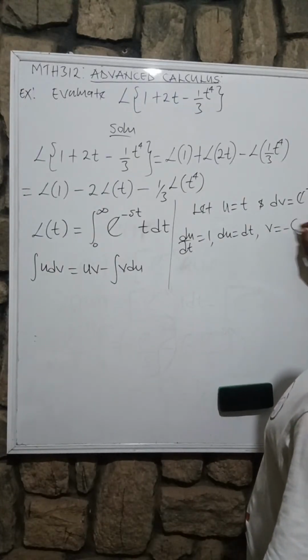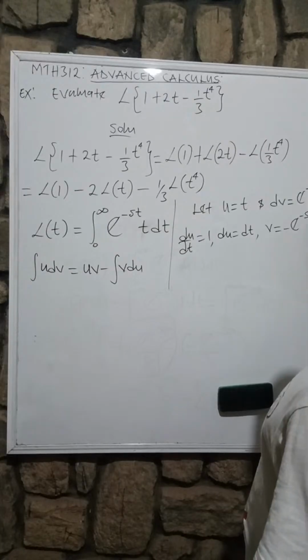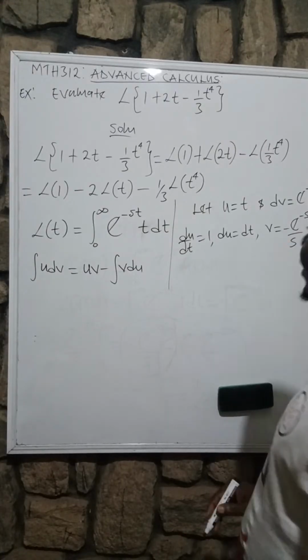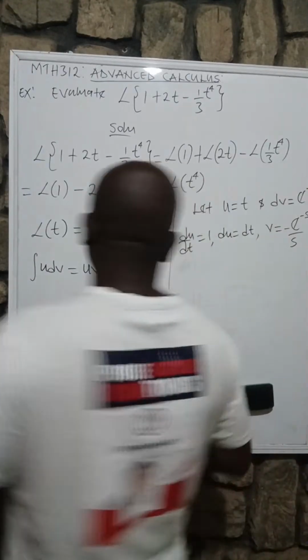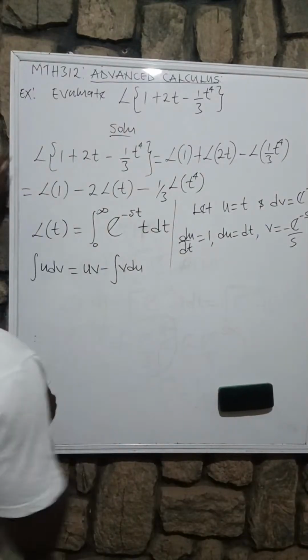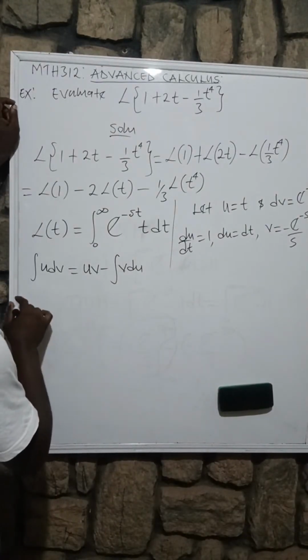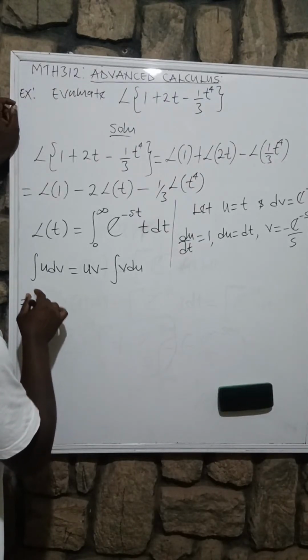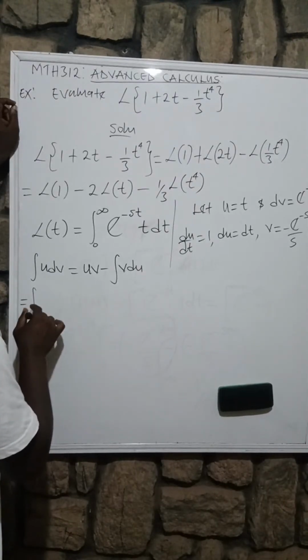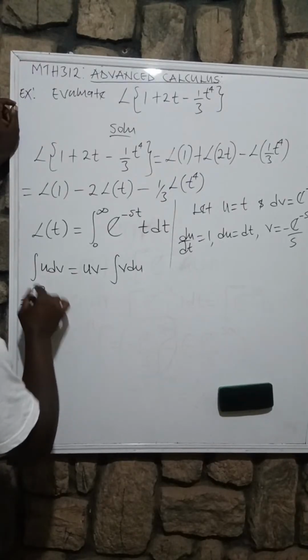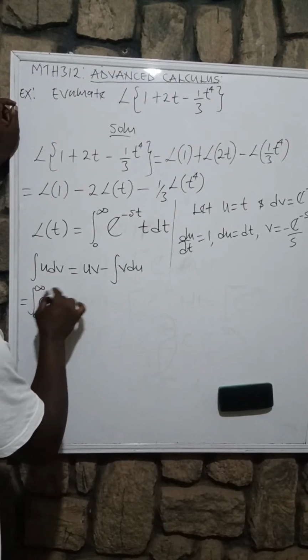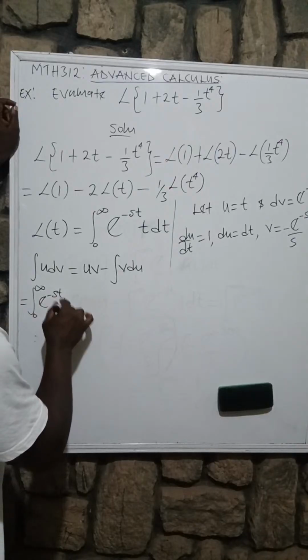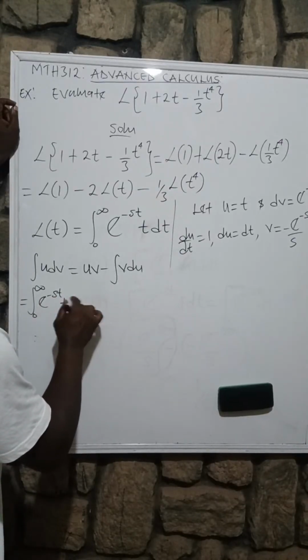When we integrate, we will have v equals minus exponential of minus st all over s, right? It's okay, so let's substitute in. When we substitute in, this is what we are going to have. It means the integral from 0 to infinity of exponential of minus st times t dt, right?